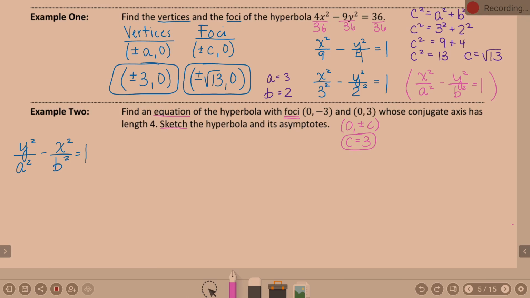What else do you have pointed out? Where B is. Conjugate axis has a length of 4, so what's that tell me? 2b is equal to 4. The entire conjugate axis has a length of 2b, so 2b equals 4, which means b is 2.